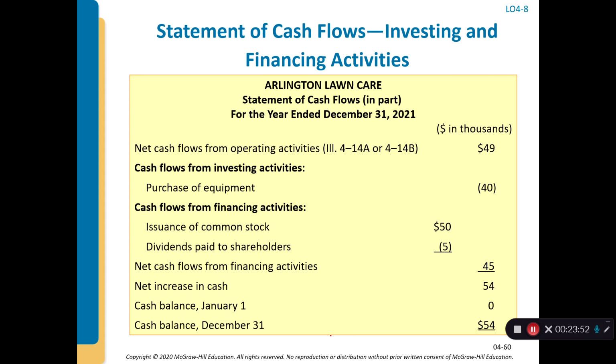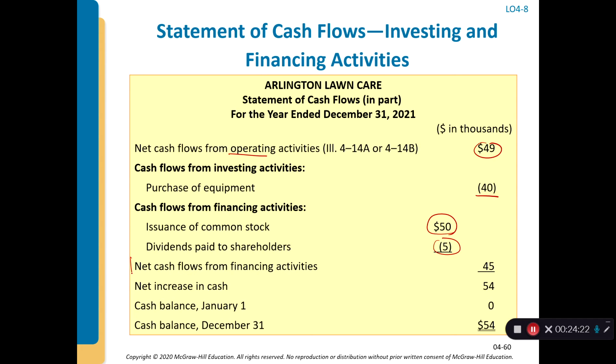Okay, so this will be an example of what a cash flow statement looks like. Cash flow from operating activity is 49,000. Cash flow from investing activity is due to the purchase of equipment, hence it's an outflow of 40,000. And for cash flow from financing activity, the inflows are related to the new issuance of common stock, and the dividend payment to the shareholders is the outflow.